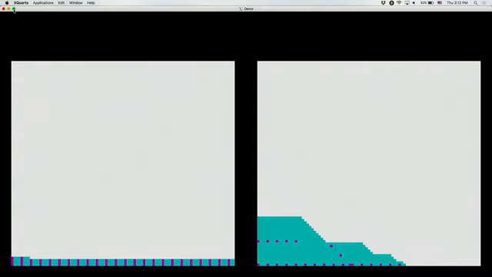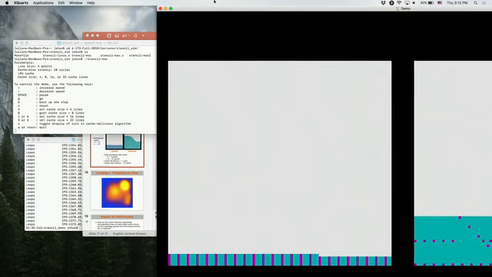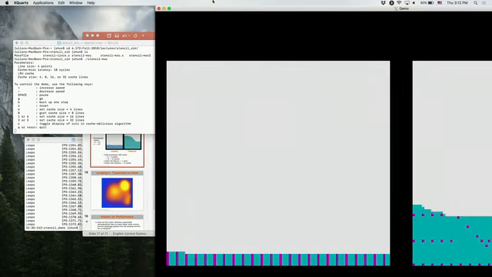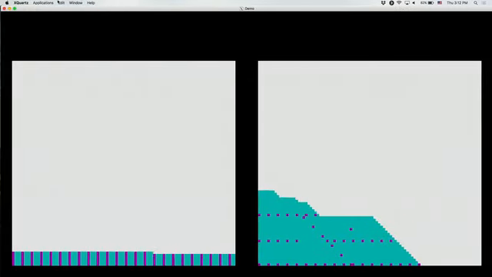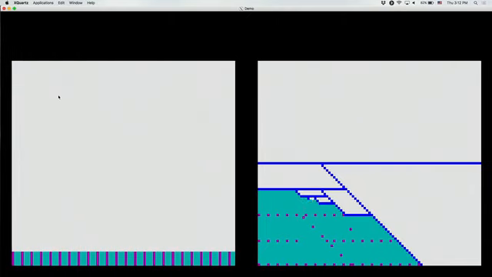OK, I can also show the cuts that are generated by the trapezoidal algorithm. There's the cuts that are generated by the trapezoidal algorithm. And I can speed this up.